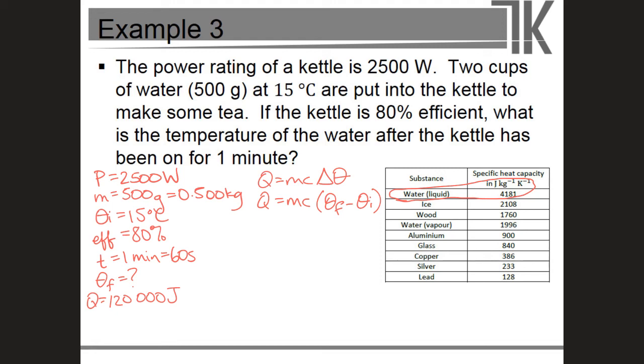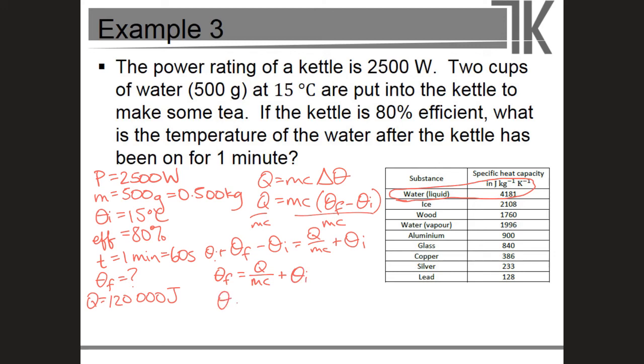And we want to rearrange for that final temperature. So we divide both sides by mc, and we get our final temperature minus our initial temperature is equal to Q over mc. And then we add our initial temperature to both sides, and we get that our final temperature is equal to Q over mc plus our initial temperature.